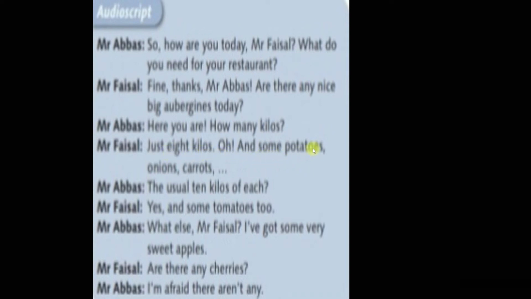Oh, and some potatoes, onions, carrots. Mr. Abbas: The usual 10 kilos of each? Mr. Faisal: Yes, and some tomatoes too. Mr. Abbas: What else, Mr. Faisal? I've got some very sweet apples. Mr. Faisal: Are there any cherries? Mr. Abbas: I'm afraid there aren't any.